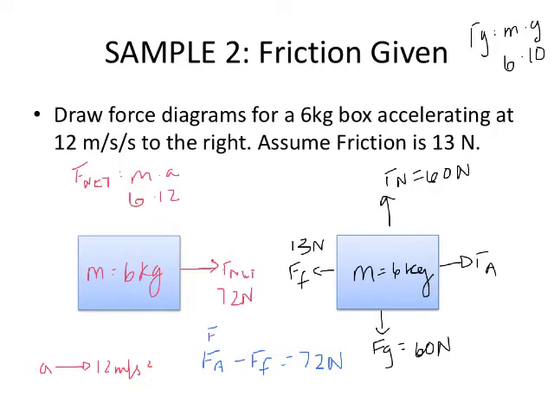Or F of A minus 13 has to equal 72, since we know force of friction is 13. So F A is equal to 72 plus 13, or 85 newtons. Okay? That's the big, huge difference here that makes these diagrams different, is that instead of everything canceling out, it has to equal whatever your net force diagram shows. Okay?